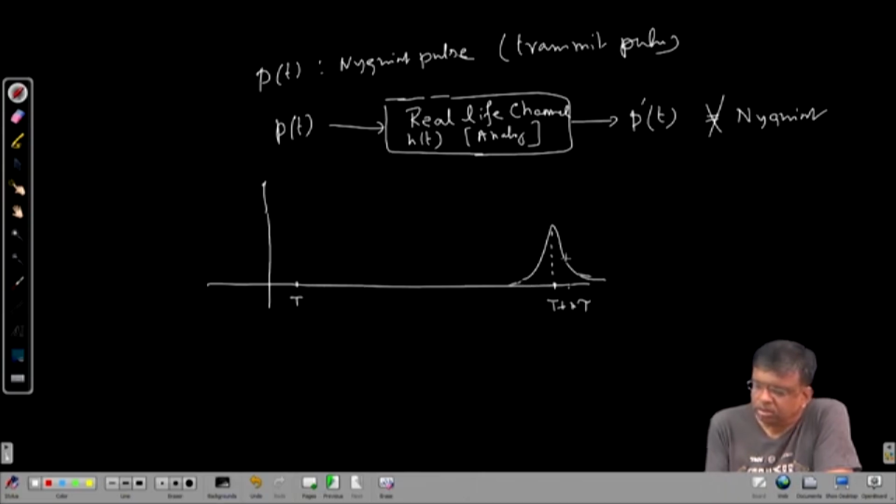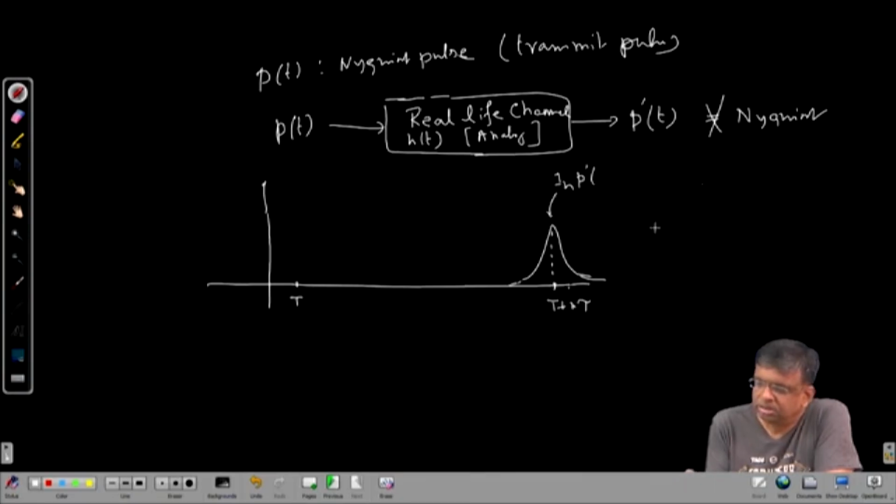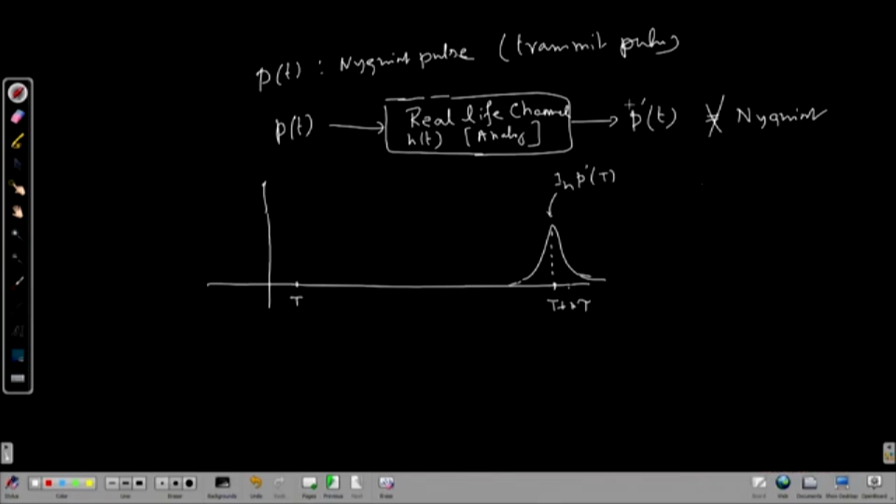So, its height will be what? The basic pulse p prime at capital T multiplied by I n, the nth symbol. So, I n times p prime of capital T, the value of this distorted pulse at its center point, which is not 1 anymore, times I n. So, this is what I will have here.